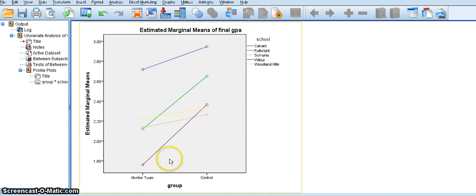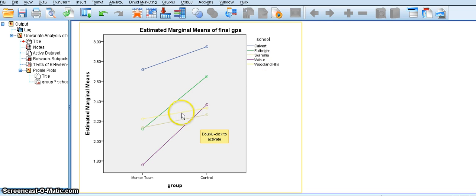Usually a good way to represent an interaction, or to see that there's actually one, is if we look at the lines. If there are any crossing lines, that may be a good indication that there's an interaction going on. So what is happening is we have really huge changes for these schools, the blue one which is Calvert, the green one which is Fulbright, and the purple one which is Wilburn.